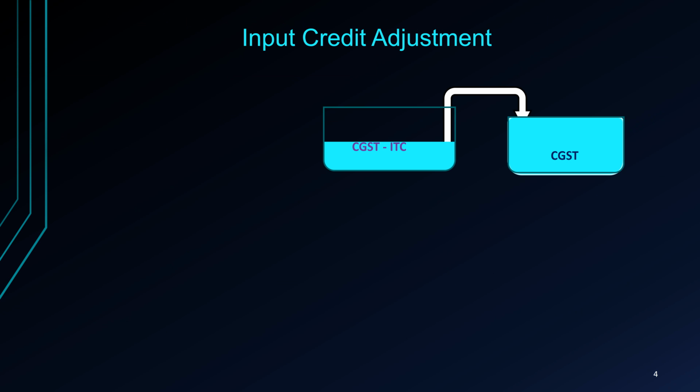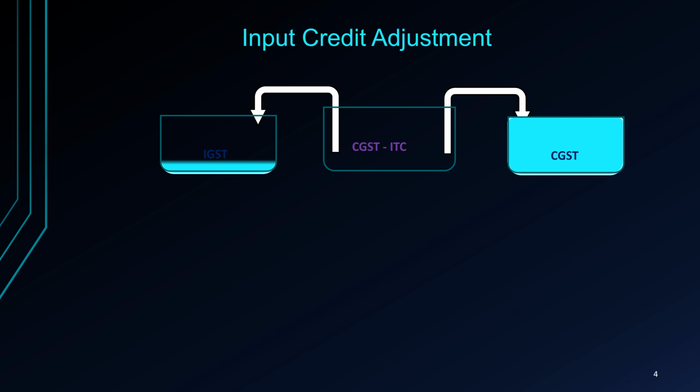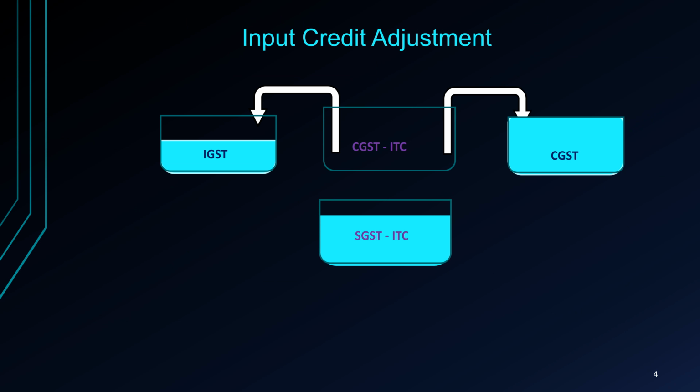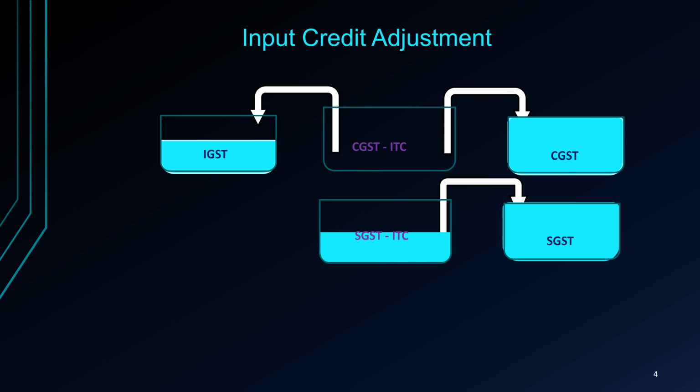If the liability is adjusted and you are still left with CGST input tax credit, then the balance input credit can be used for IGST output liability. Coming to SGST input tax credit, even SGST input tax credit first has to be used for SGST output liability. After using it, whatever input credit is left can be used against IGST output liability.